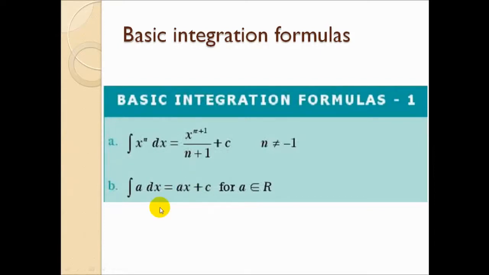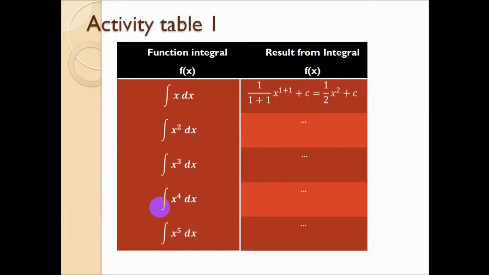Okay, let's see the examples. Let's see activity table 1. If we have the integration of f(x) equal to x, with the basic integration formula we get x power of 1 plus 1, over 1 plus 1, because the power here and the denominator are always the same.